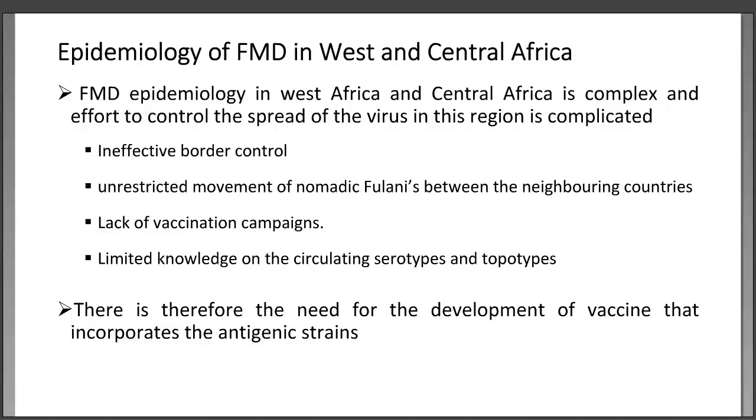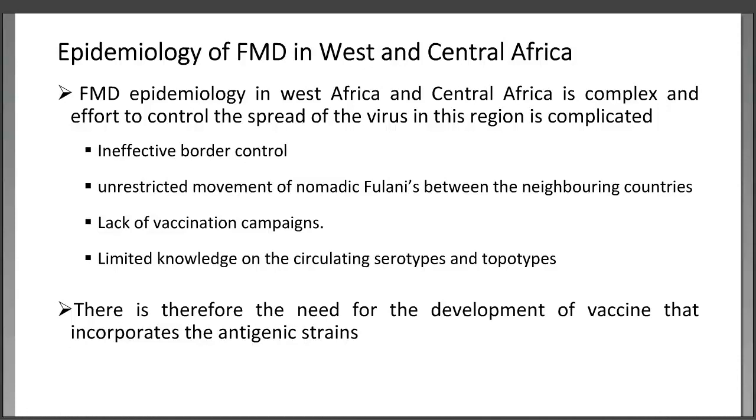So efforts to control the spread of this virus in this region are very complicated, and the reasons are ineffective border control, unrestricted movement of the nomadic Fulani between neighboring countries, and, of course, lack of vaccination campaigns among the African countries, particularly within the West and Central African region. Then we have limited knowledge of even the current circulating serotypes and topotypes within the region.